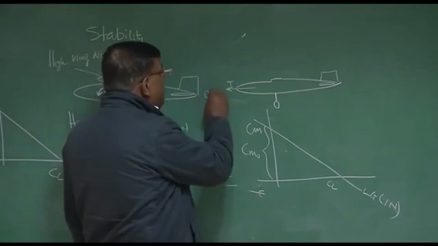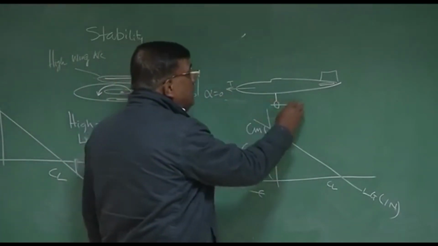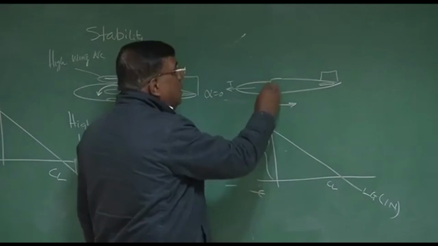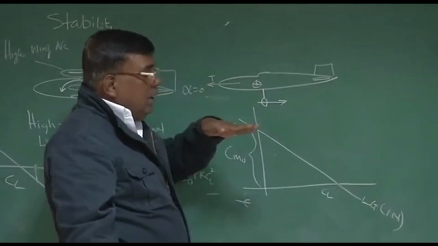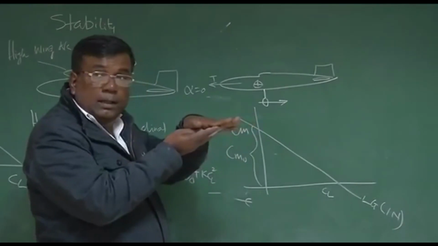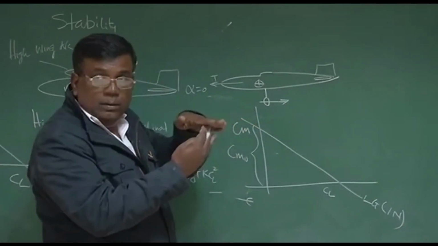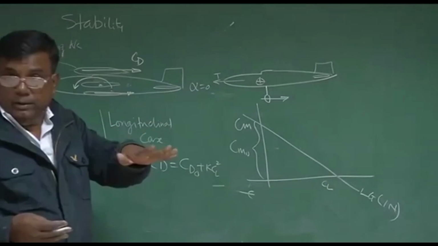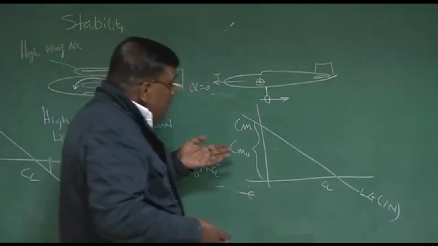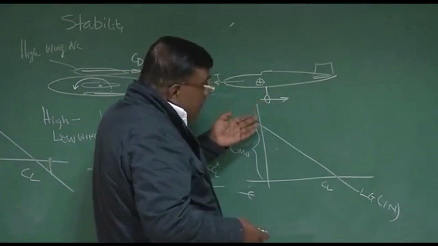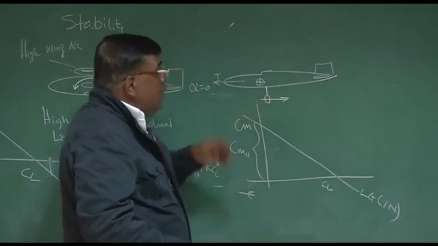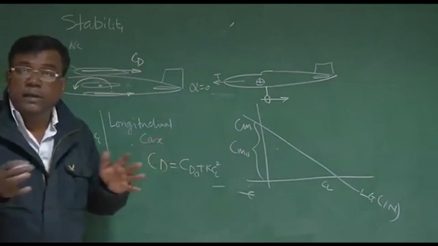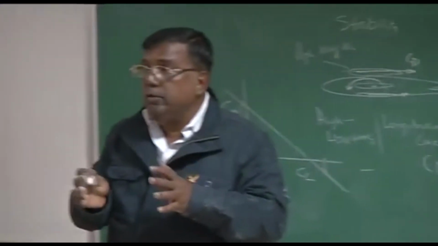So if alpha is equal to 0, then this will experience a drag. What we are trying to compare is, suppose the airplane is flying with landing gear in and then landing gear out. Typical landing gear out will be during landing. Okay? And we are saying when the landing gear was in, Cm versus CL was like this. When the landing gear is out, how will the Cm versus CL, as a designer should think, change?